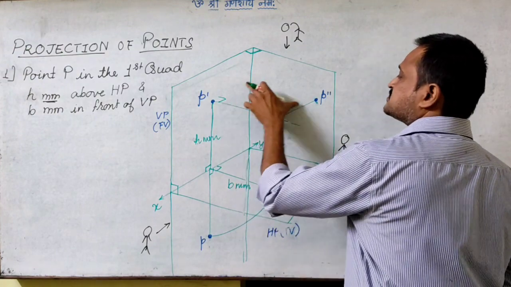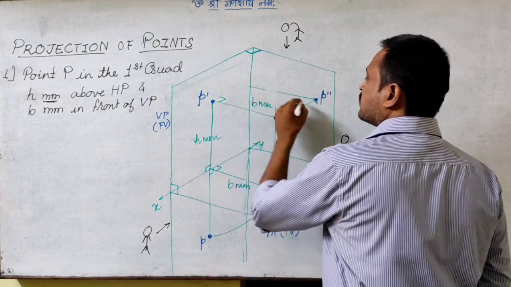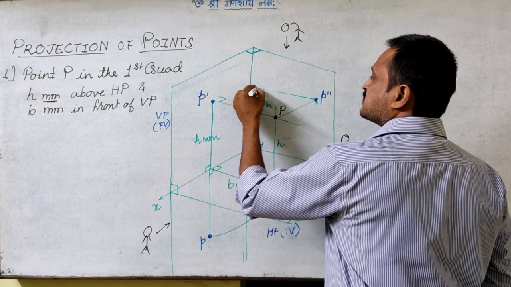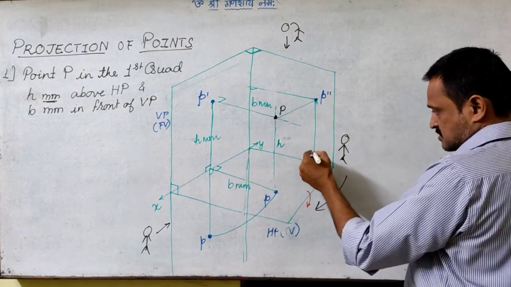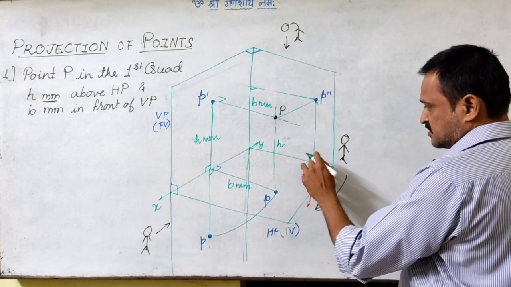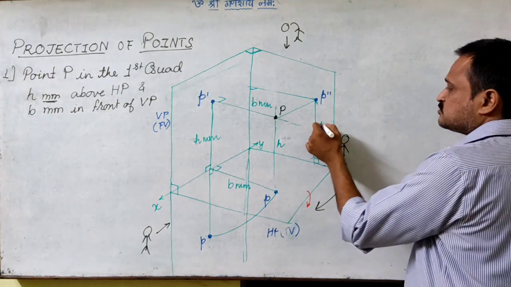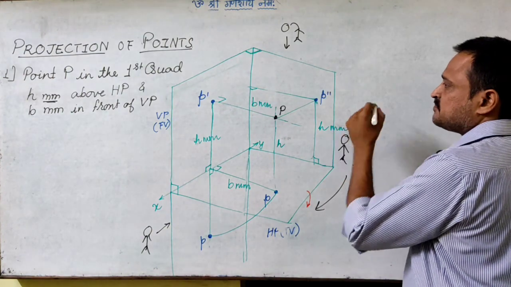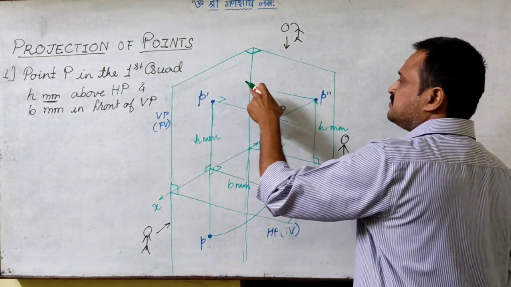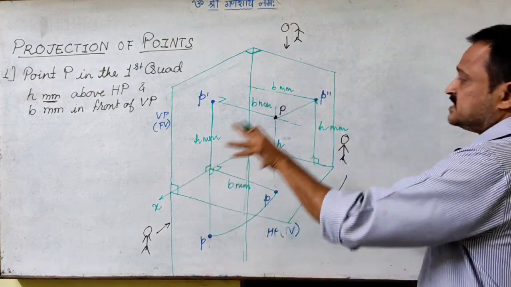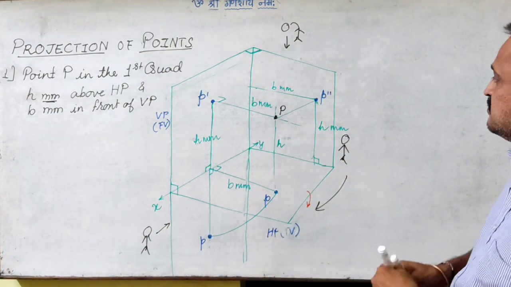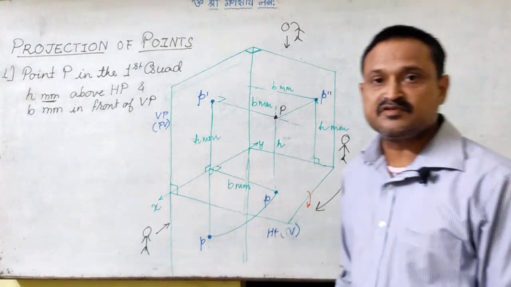This distance is perpendicular to this, and the height will be perpendicular to it. So I will be able to see the height H millimeter as well as the same B millimeter distance both together in the profile view, and thus I will be getting the left hand profile view.